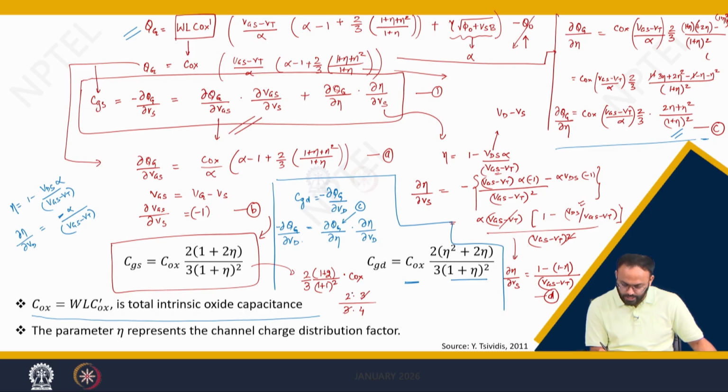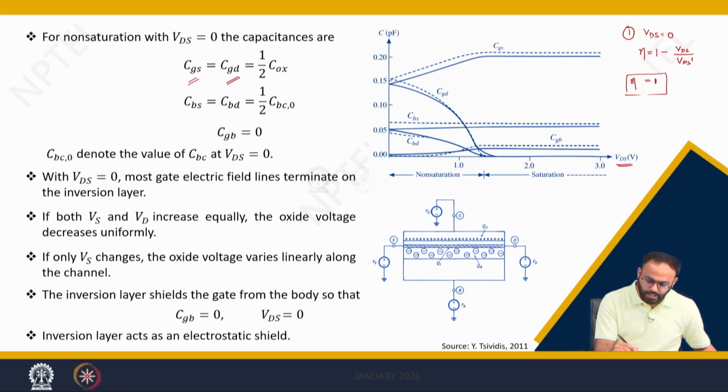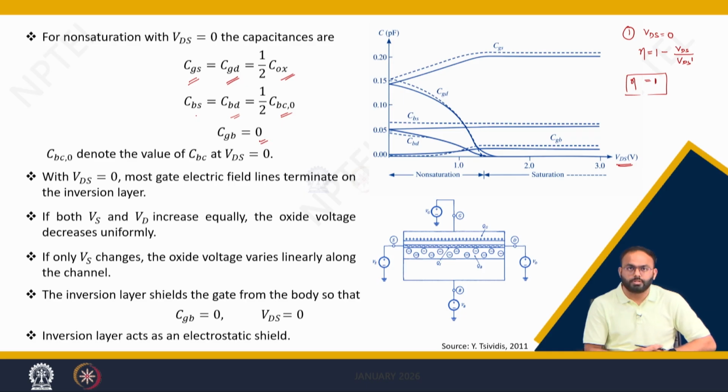So this 3 and 3 get cancelled, you will be left with half of COX, right? That is what we are getting here. CGS and CGD are half of COX. Similarly, CBS and CBD are half of CBC, and CGB is equals to 0.